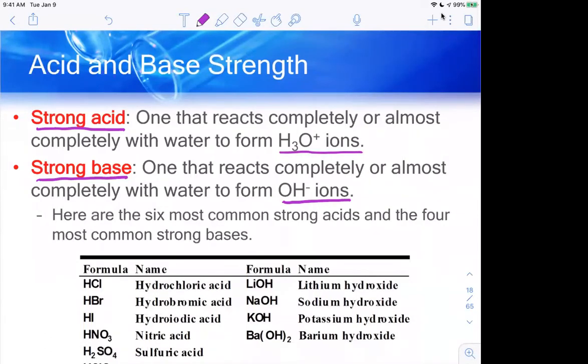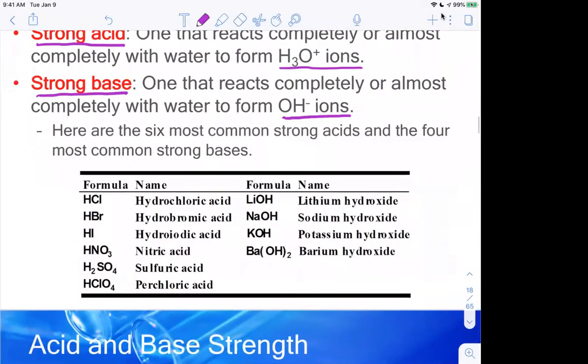So I don't have any of the solid left. It's basically soluble in water, and I get hydroxide ions present.